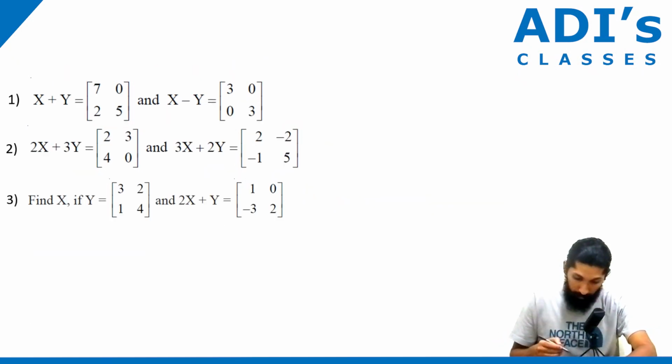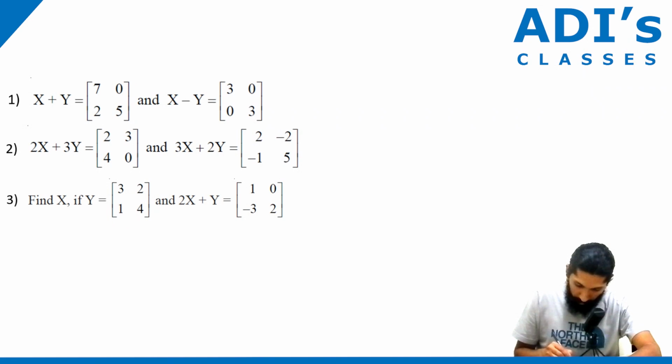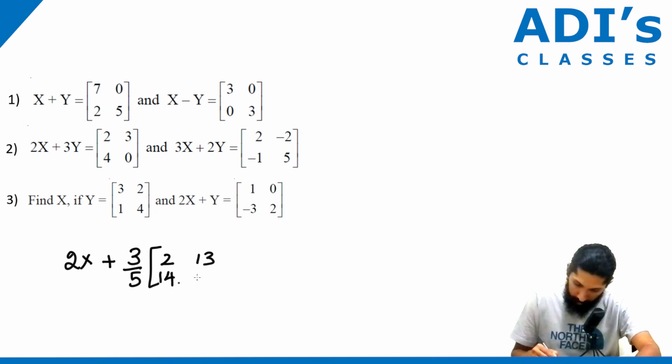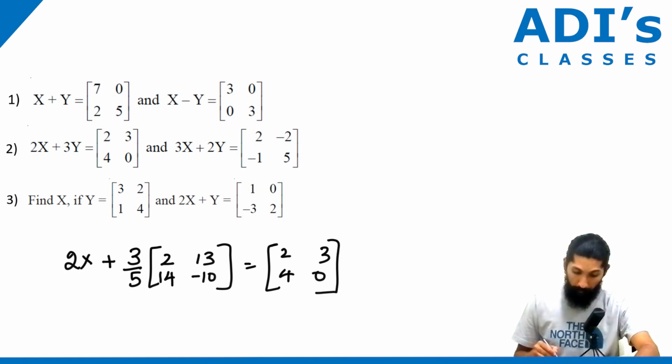Let's substitute the value of y in the first equation and figure it out. Substituting in the first equation, see, you have 2x plus 3y, correct? So 3 into 1 by 5, or 3 by 5 into 2, 13, 14, minus 10. This is equal to 2, 3, 4, 0. Fair enough?